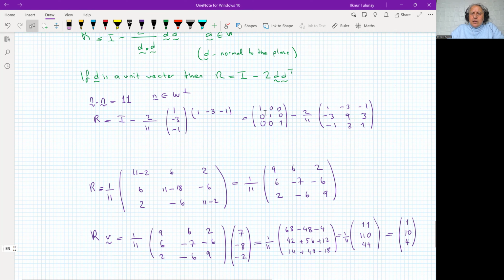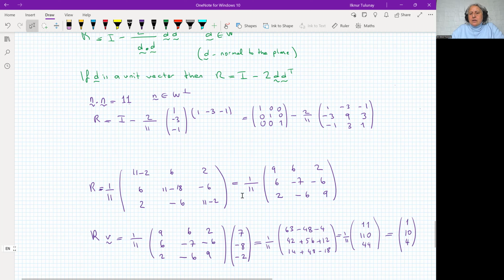If you multiply, that is basically this minus this in every entry. 11 minus 2 is coming. So what I'm doing is I multiply 11 over 11 here because it will be just 1. So you have 11 minus 2.